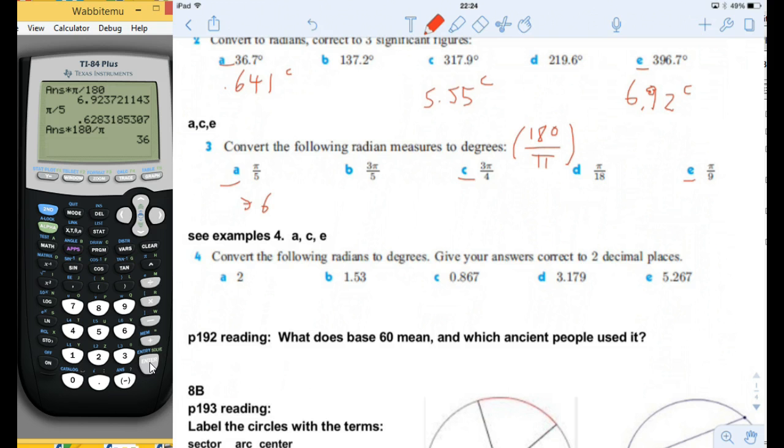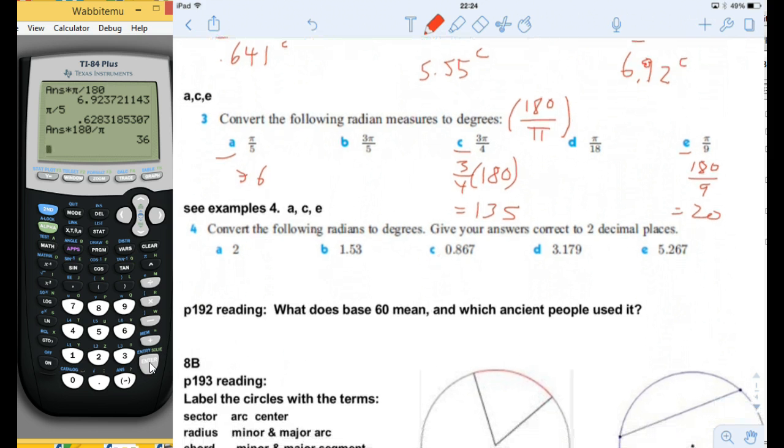Now you might be able to see that, hey, if I know that pi is 180, I could just do 3/4 times 180, right? That would be about 3 times what? That would be 135. Or here I could do 180 divided by 9, which is just equal to 20. So I don't need the calculator to do these particular ones.